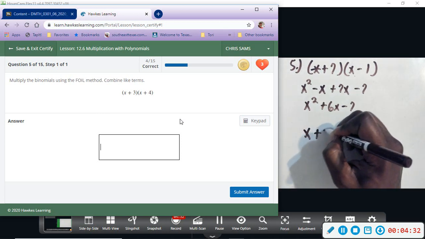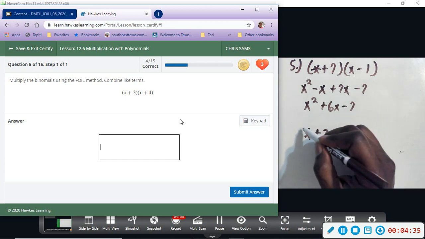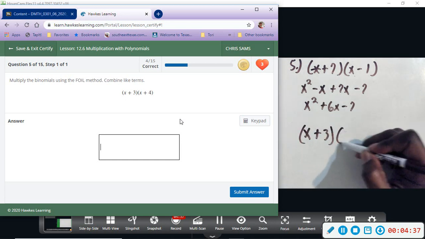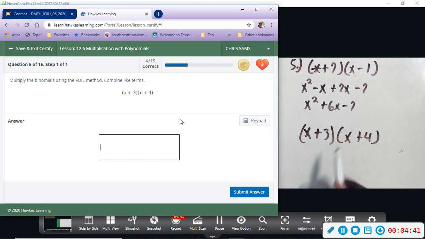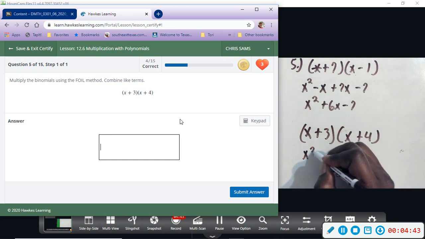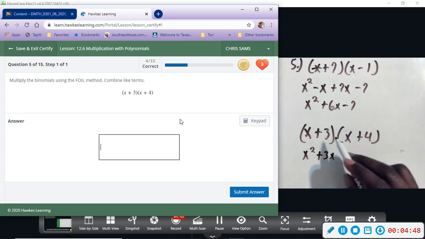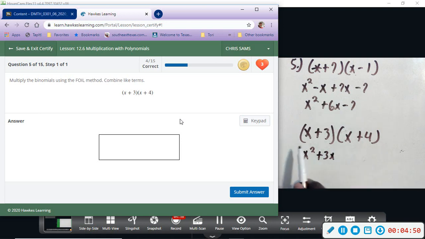X plus 3, x plus 4. X times x will give us x squared. 3 times x, plus 3x. I don't know why I skipped. So I did both of them times x. So now let's do both of them times 4.